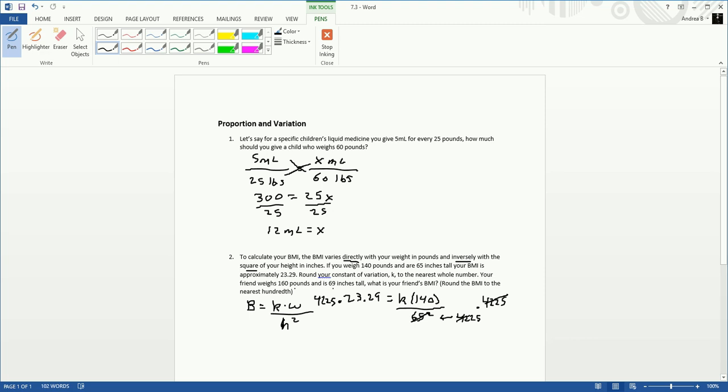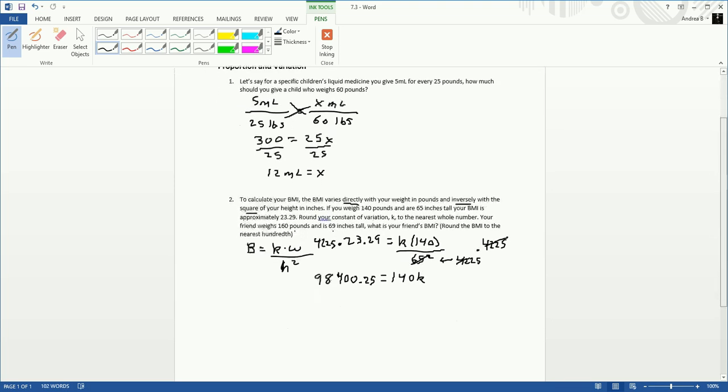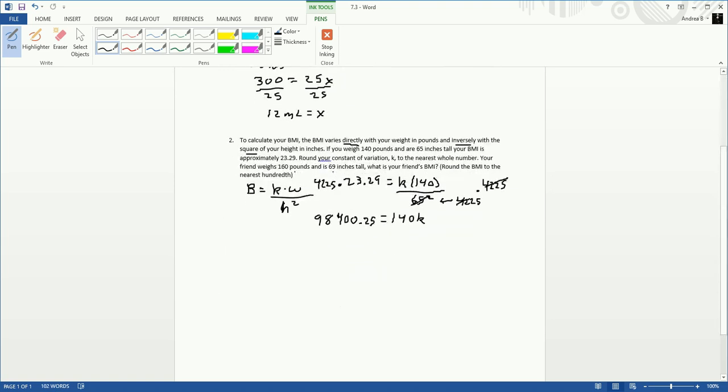So once we multiply on the left-hand side, we get about 98,400.25 is equal to, and then we can use that commutative property we used before to switch the order of the K and our value of 140 around to get 140K to make it look more like the formulas we normally use. And then to finish solving for our K, our constant of variation here, we can divide both sides by 140.